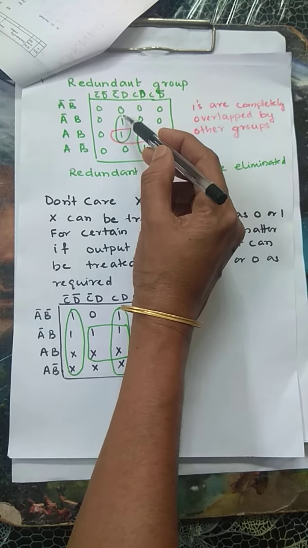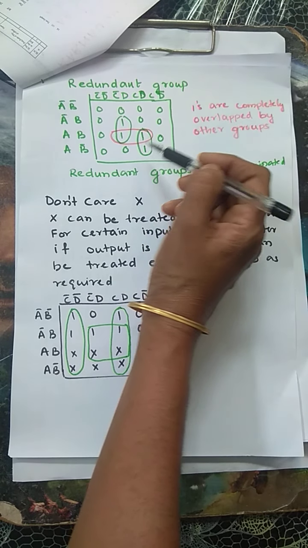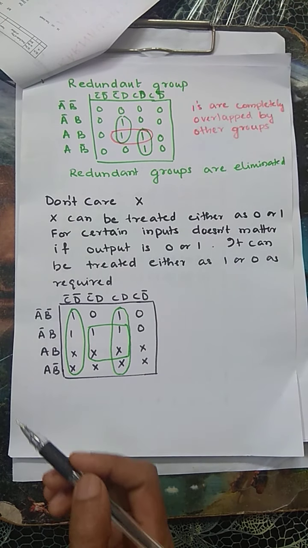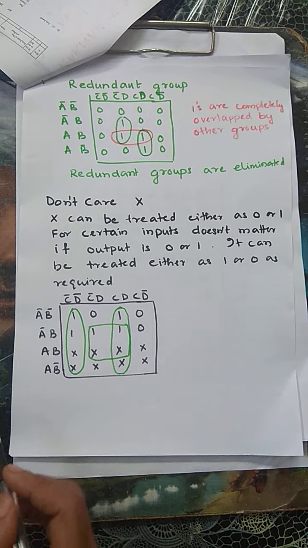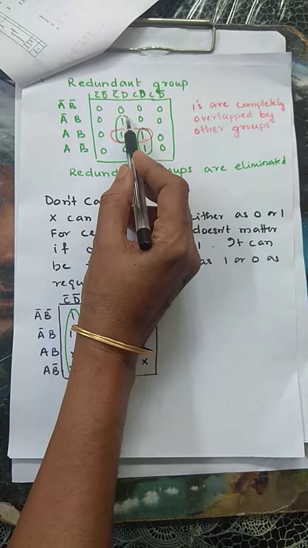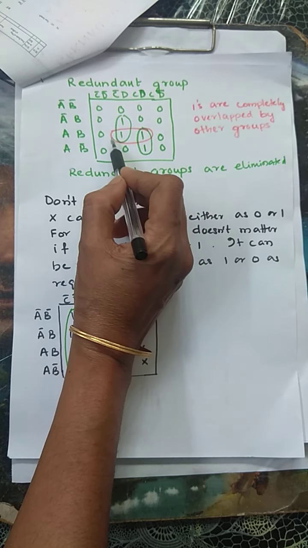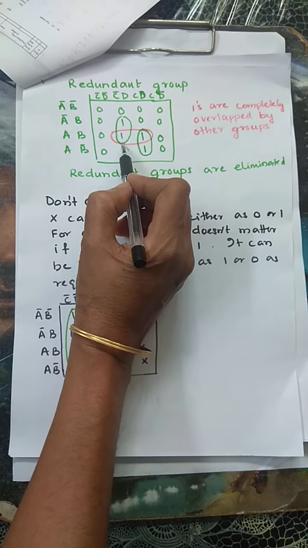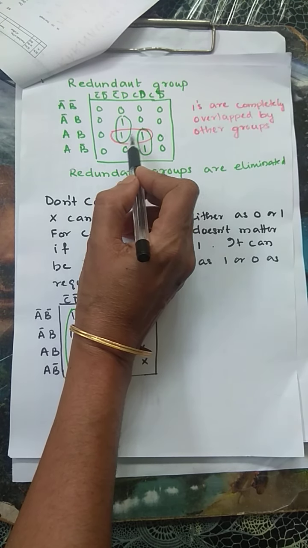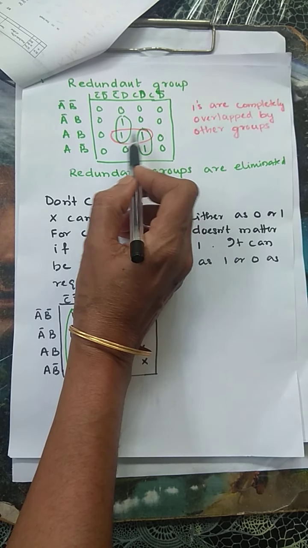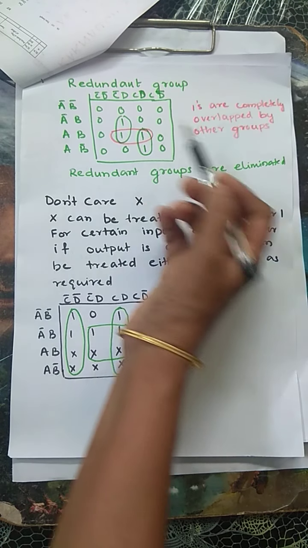So you have to consider only these green groups finally when you take the Boolean expression, or the output. You have to count only these two groups. This cannot be counted because it is called a redundant group. It does not have existence on its own. Its members are overlapped by the other groups.